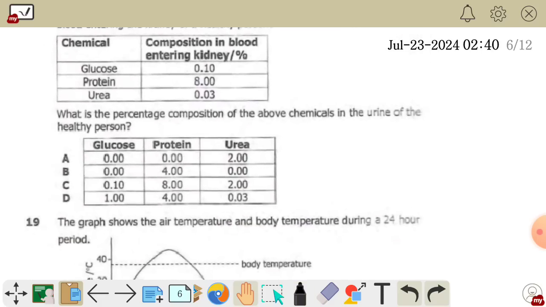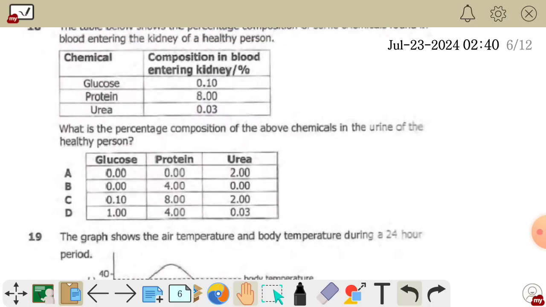In the urine of a healthy person we should have no glucose, so glucose must be 0 and protein must be 0. But the concentration of urea in urine is high. That's what you should know. Urea is the waste product which should be eliminated, so the concentration will be high. So the correct answer here is A for question 18.